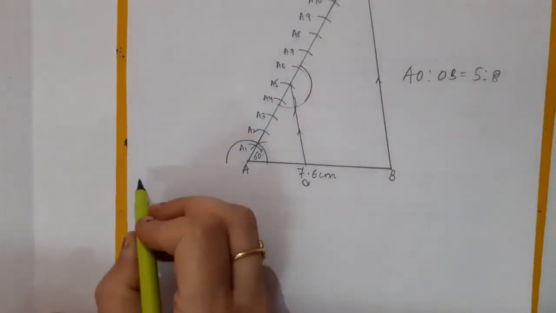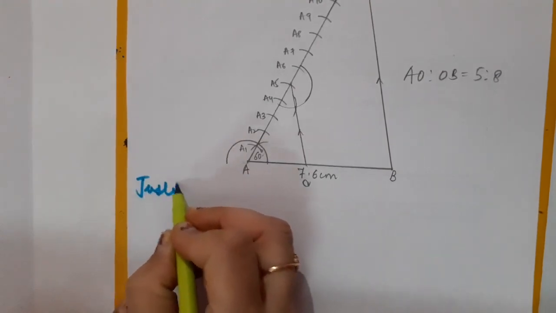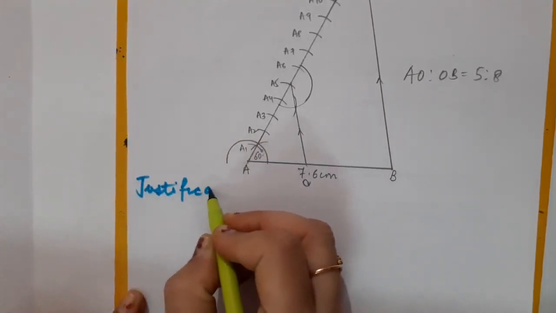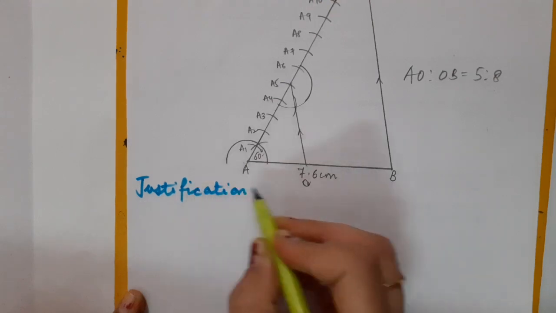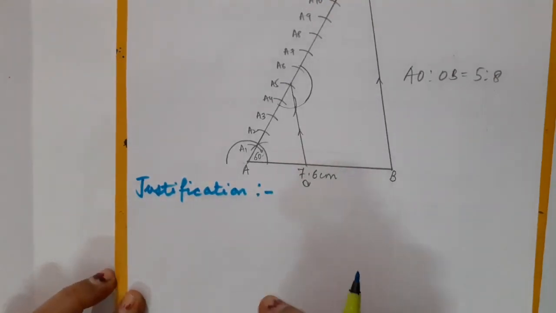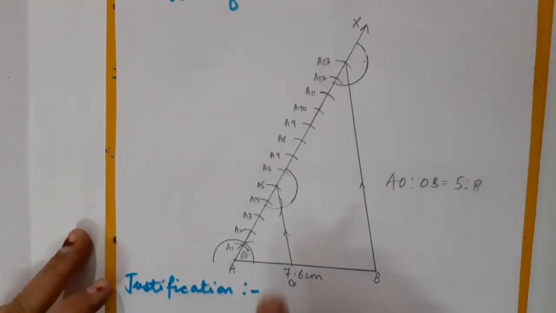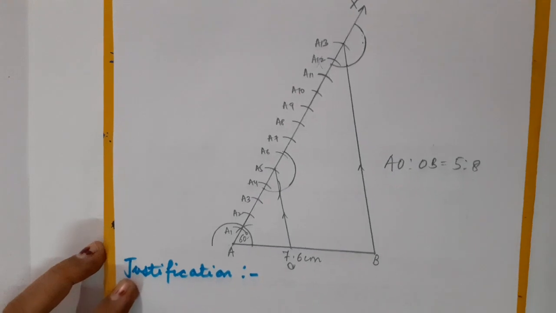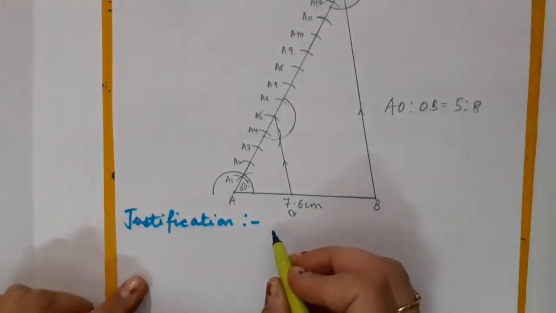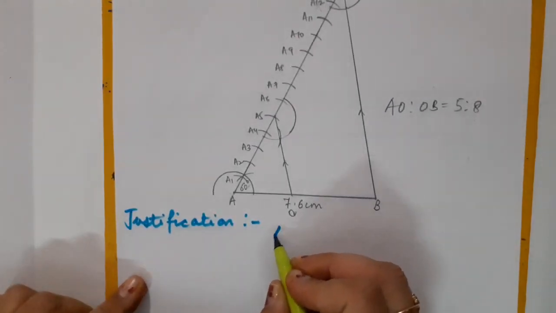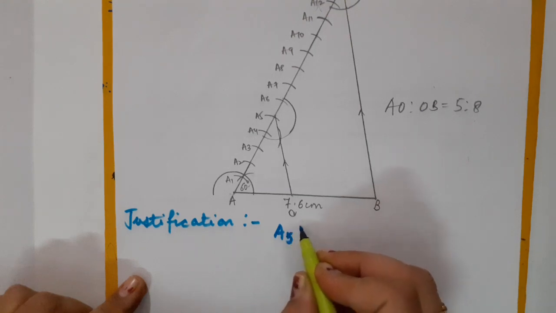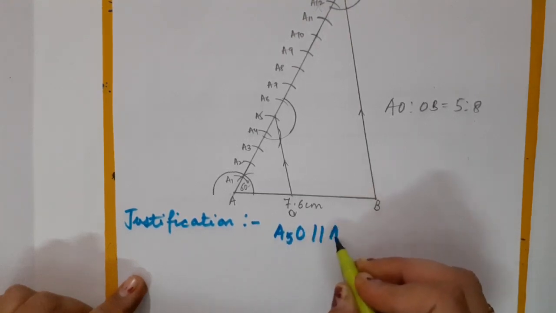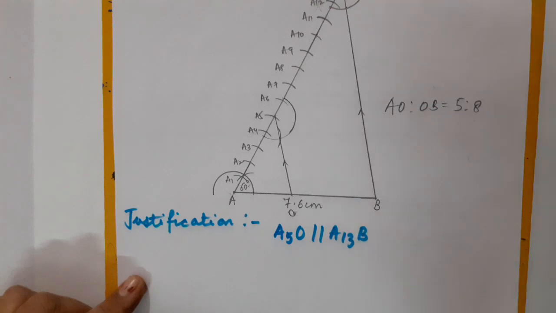Let us go for its justification. Justification of the same construction. What we are going to do children, here you can see that while making the corresponding angles equal, I can say that A5O is parallel to A13B. So the very first step I am going to write that A5O is parallel to A13B.